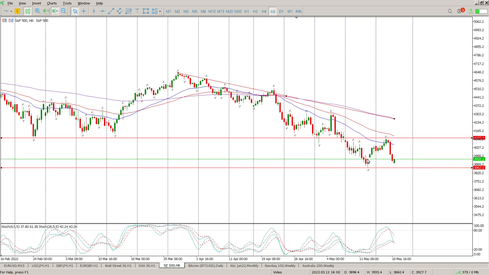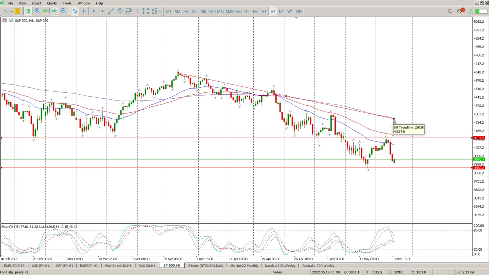In other words, close the gap. The gap is closed now, and we build a base off here for another move back to the upside. To me, the first line we need to cross is 4100 or 4107. We need to get above that and find support there before moving higher to 42.57.